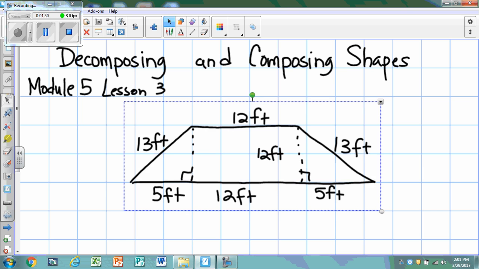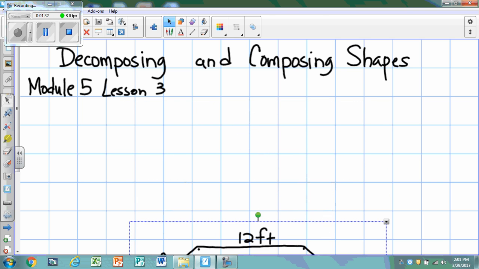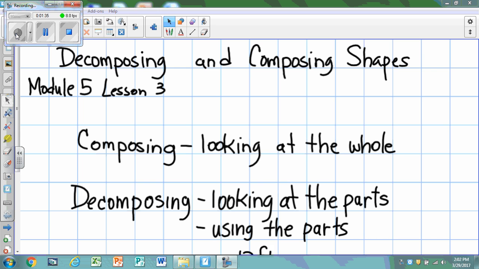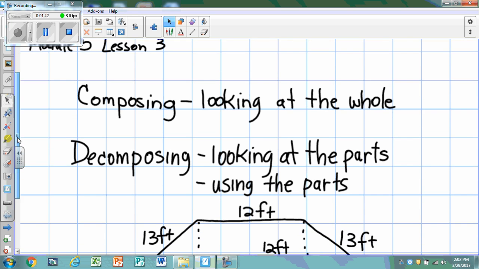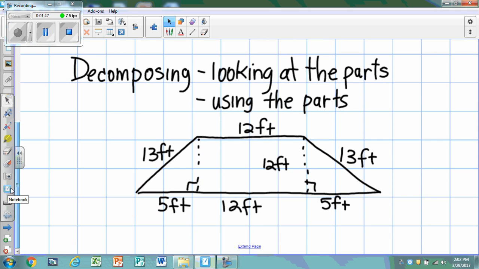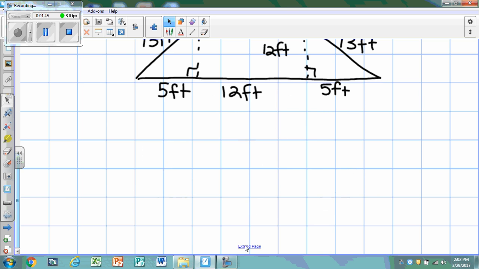So let's write some information for composing and decomposing. Our two definitions for us in math are looking at the whole for composing, and for decomposing, it's looking at the parts or using the parts. And that's what we're going to do here with this shape that we have.